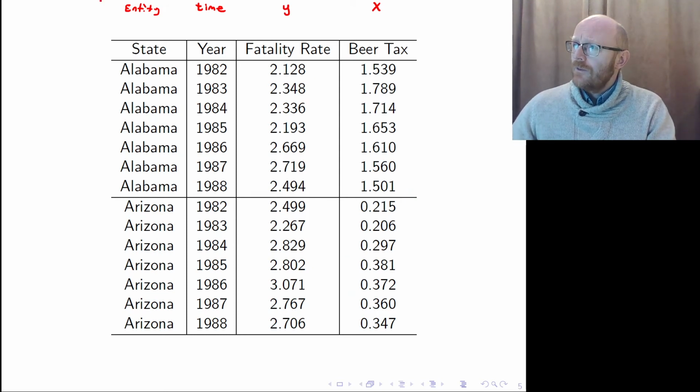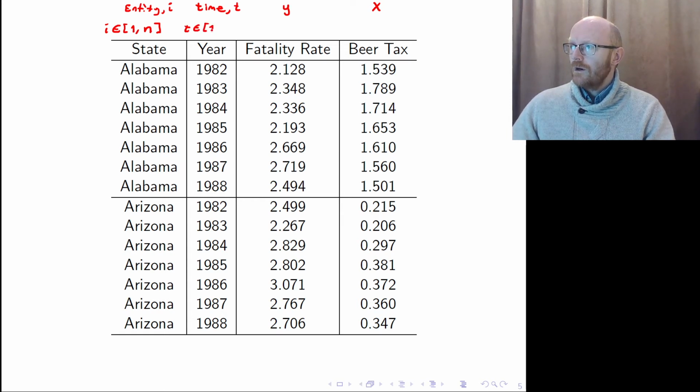And this means that for entity we have the counter i, and i goes from 1 to n, which is the number of entities, and time we just denote by t, and t goes from 1 to a capital T, which is the number of time periods.